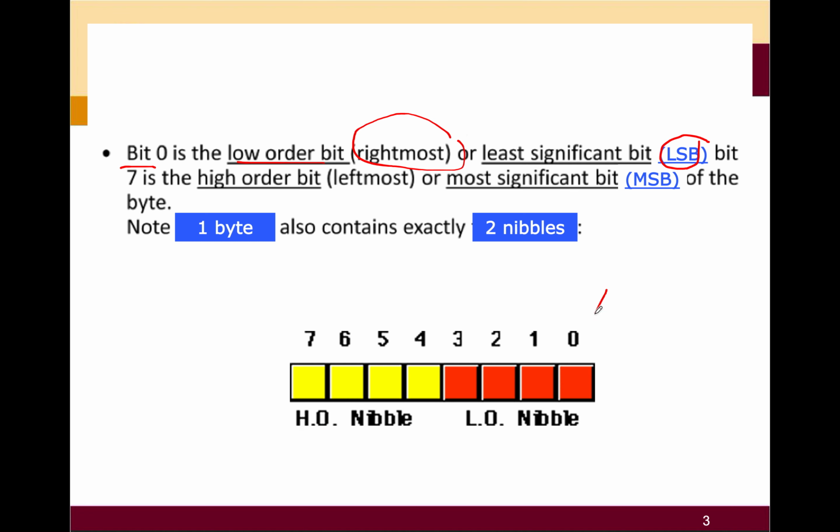From your right it is called LSB, and from your left it is called MSB, the most significant bit. You already looked at this in the previous video.